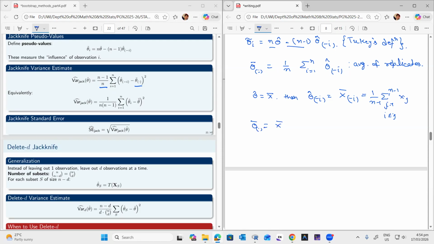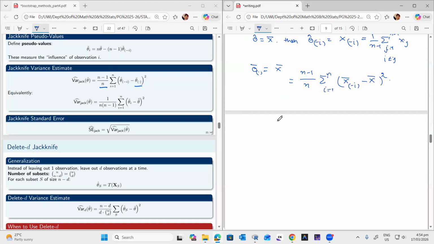So the jackknife variance formula will be n minus 1 upon n, summation over i goes from 1 to n, of x bar minus i minus x bar, whole square. All right.